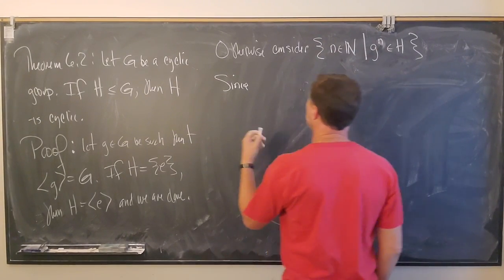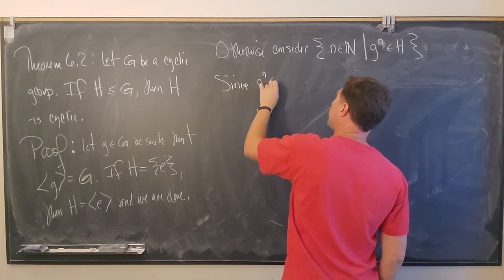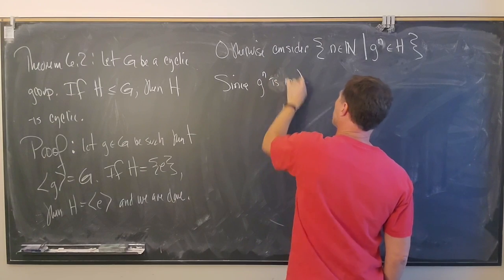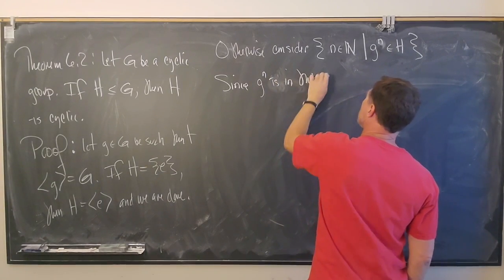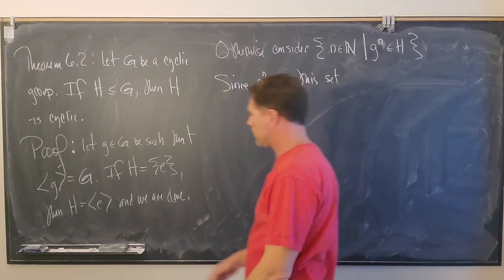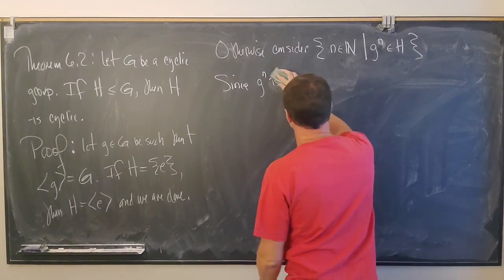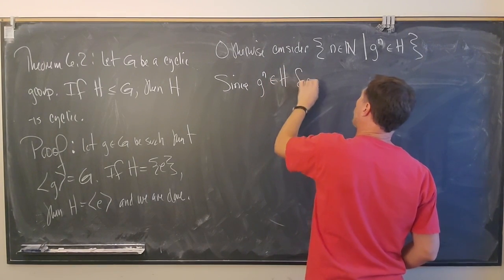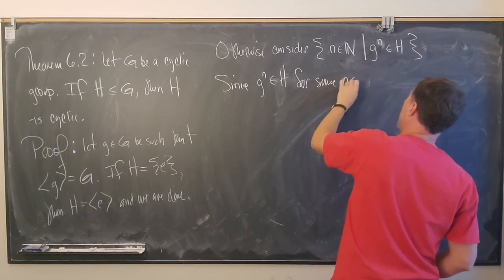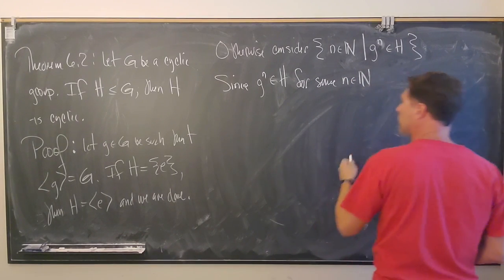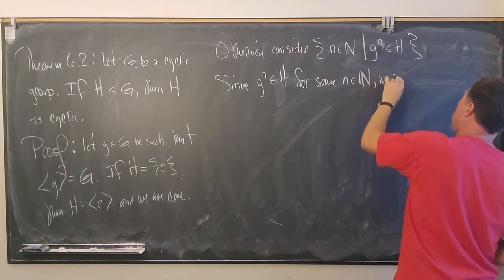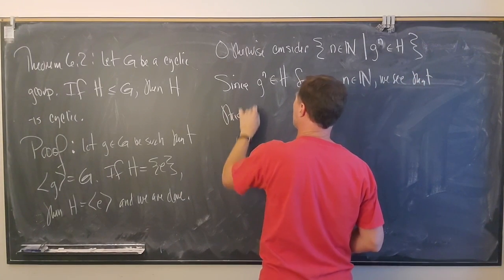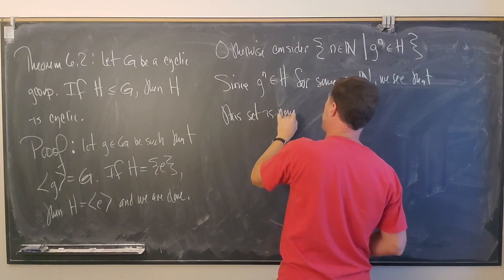So since g to the N has to be an element of capital H for some N in the natural numbers, we see that this set is non-empty.